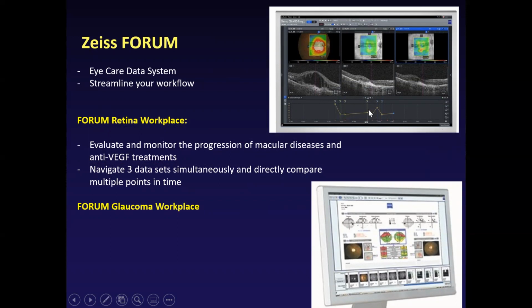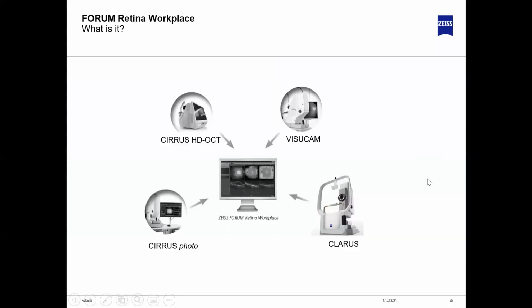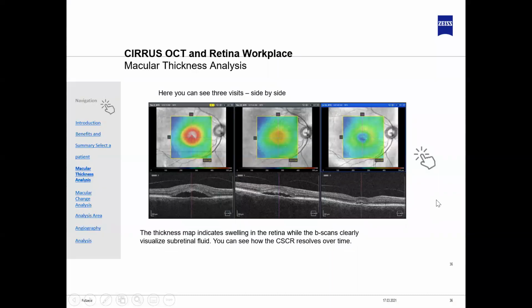quantitative measurements are changing over time, and help us to evaluate and monitor progression of macular diseases during treatment and navigate 3 data sets simultaneously with OCT structural, OCT angiography, and you can also look at the color fundus images, as you can see with the Clarus. So this is showing you the macular thickness on the OCT structural scan.